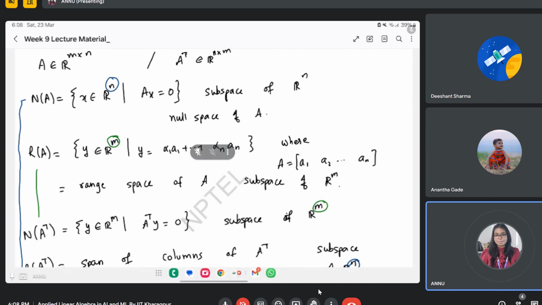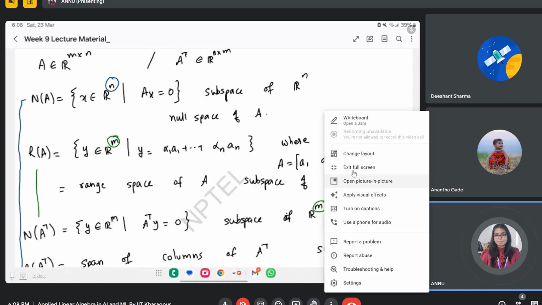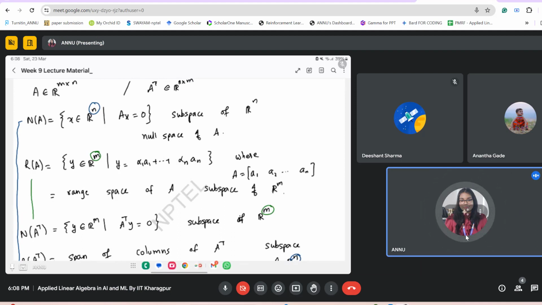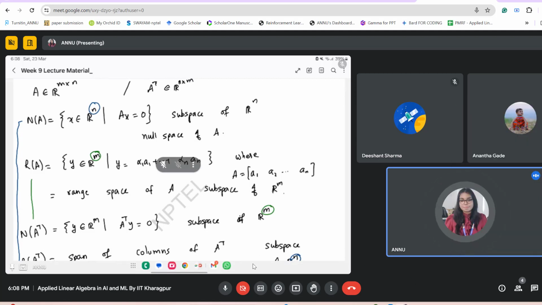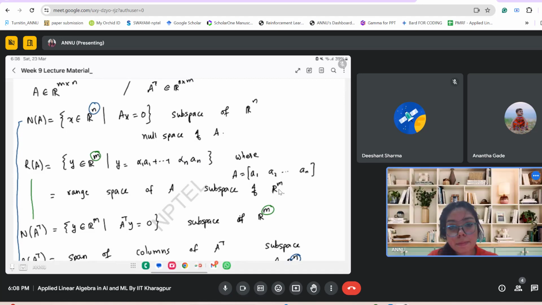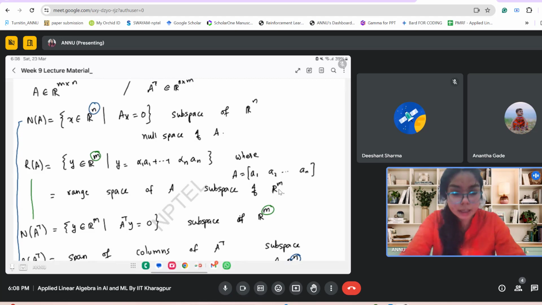How they are perpendicular, we are going to see here, and from there we will find out some properties of positive semi-definite matrices and how to derive the proof of positive semi-definite matrices. All those things we will take care of in today's class.